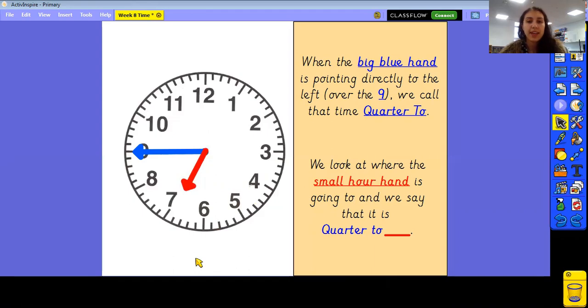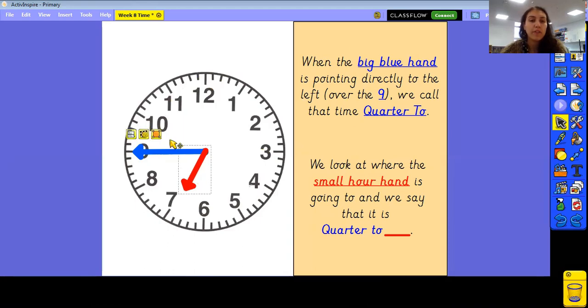What time is this? Well done if you said quarter to 7, because the big blue hand is pointing at the 9. That's showing us it is a quarter away from the next o'clock. So we say it is quarter to 7.